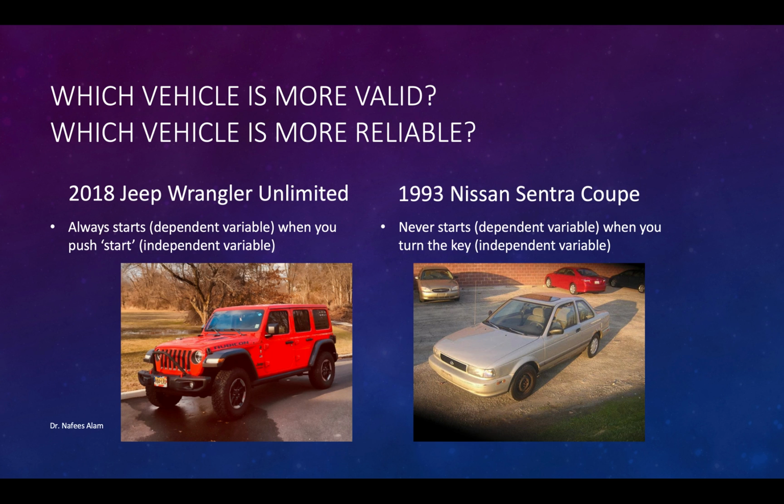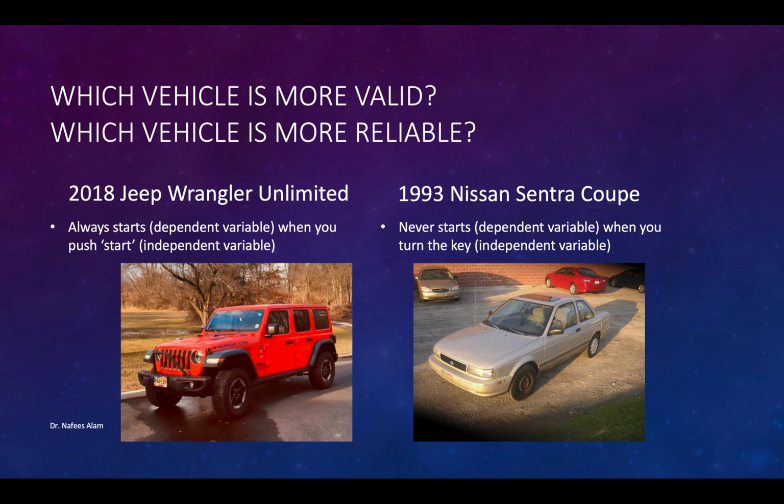A vehicle that always starts is as reliable as a vehicle that never starts because both are equally consistent. But at the same time, you wouldn't tow the Nissan Sentra to your local mechanic and say, hey, this is a very reliable vehicle, it's just not valid.